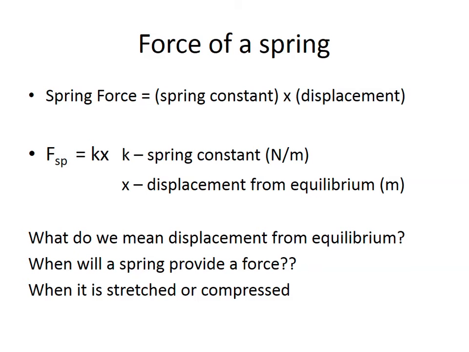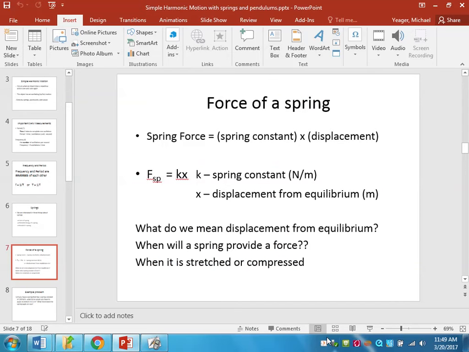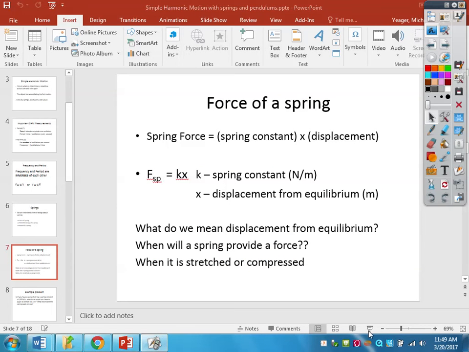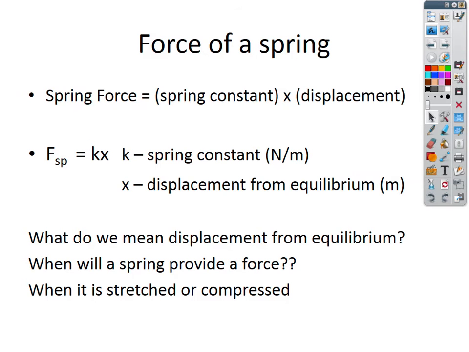All right. What we have to think about, and you're going to see in a lab that you'll do later on in the week, are these situations where I can hang a spring down from the ceiling, and it'll be fine. That would be its equilibrium point. We would call this wherever the spring reaches to.